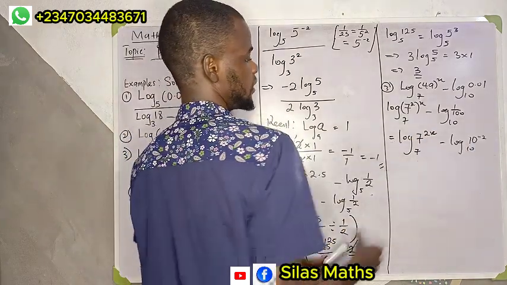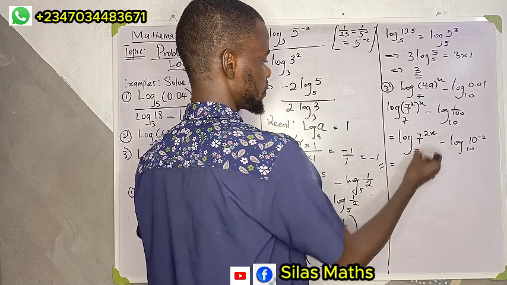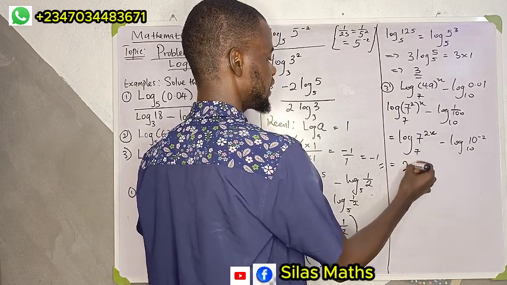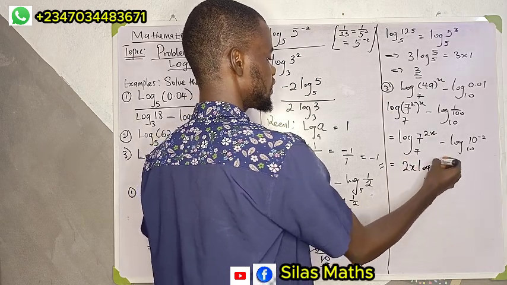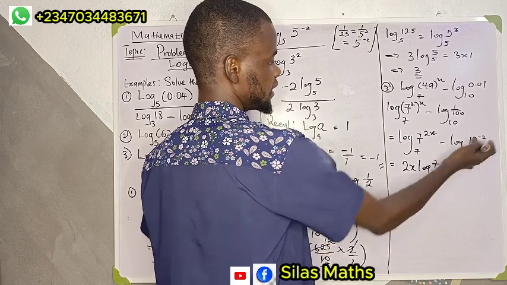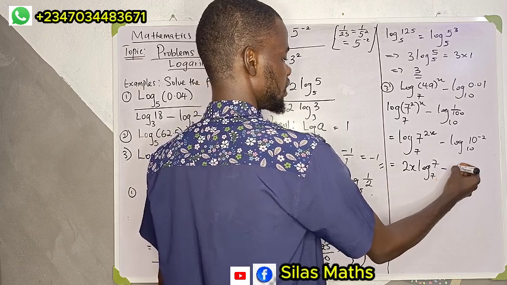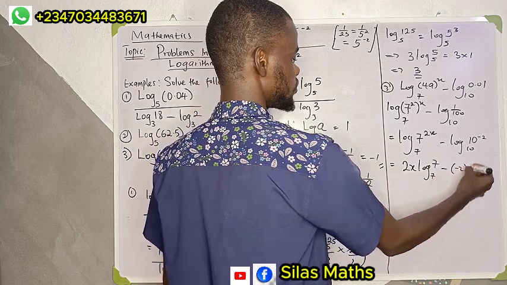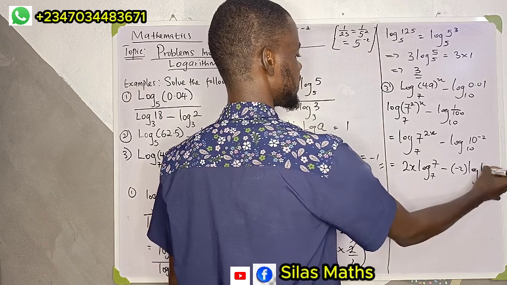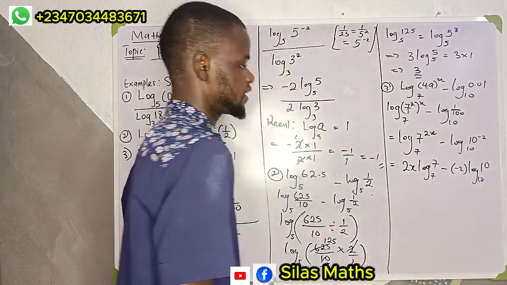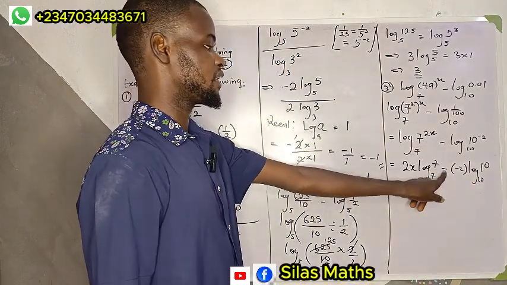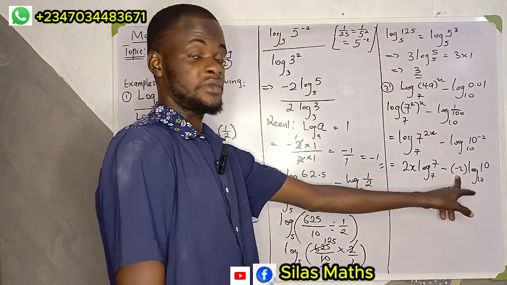The power will multiply the log. So we're going to have 2x log 7 base 7. Then this minus will multiply this, and we're going to have minus, into bracket, minus 2 log 10 base 10. Already this minus is here, so that's why I put this one in brackets.